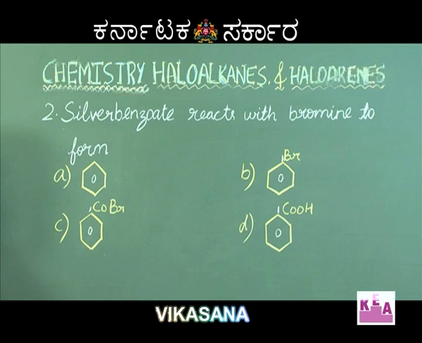Now, we will move to the second question. The question is, silver benzoate reacts with bromine to form: option A, benzene; option B, bromobenzene; option C, benzoyl bromide; option D, benzoic acid.